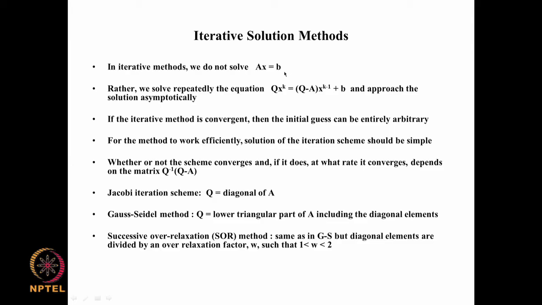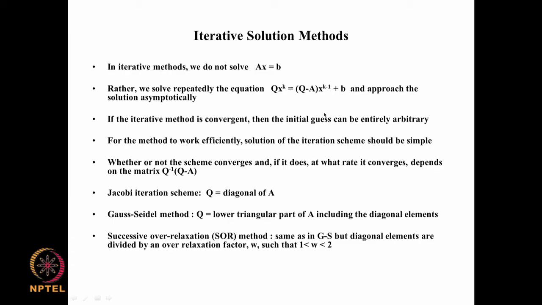So, in that sense we are going in a different way of solving this equation, an indirect way, and that too we are solving this equation iteratively many times, and despite this apparently roundabout way of doing this, this actually turns out to be more efficient than the Gaussian elimination method or LU decomposition method for a class of problems, and this is very widely used for a number of reasons in CFD type of calculations.